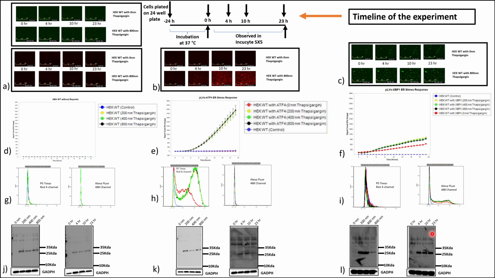ER stress is there at almost the same level at the same concentrations of thapsigargin, and the CHOP proteins are also present in these cells that are affected with XBP1. So since the signal of XBP1 is low compared to the signal of ATF4, we decided to proceed further with ATF4 for our actual experiment.